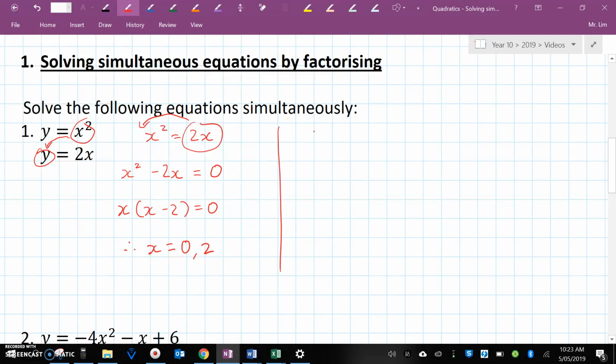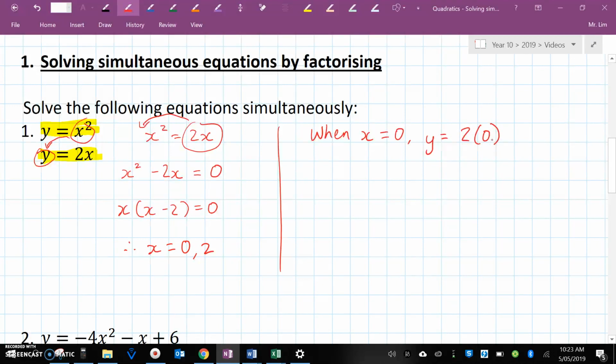So, when x is equal to 0, y is equal to, we're going to substitute x is equal to 0 into any one of these equations. Okay, you'll get the same answer either way. So, when x equals 0, y is equal to 2 times 0.